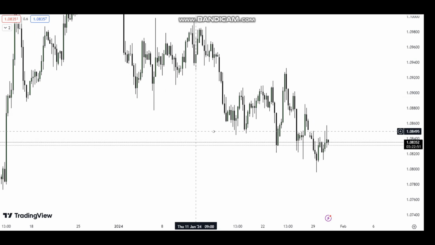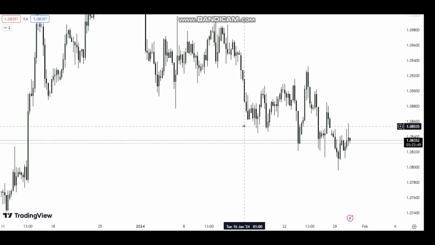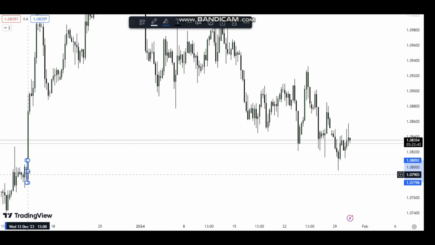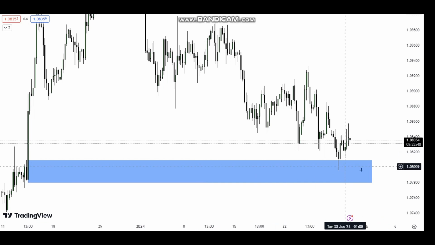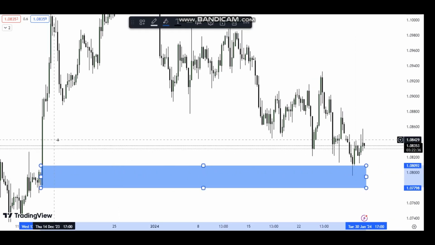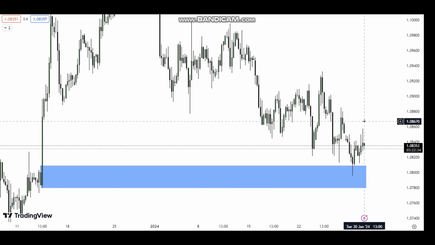Now, another thing you have to look into is the mitigation points. So the first mitigation point that we can look into is that we tapped into this supply or demand. This demand right here is the demand that price mitigated before leaving and looking for higher highs.